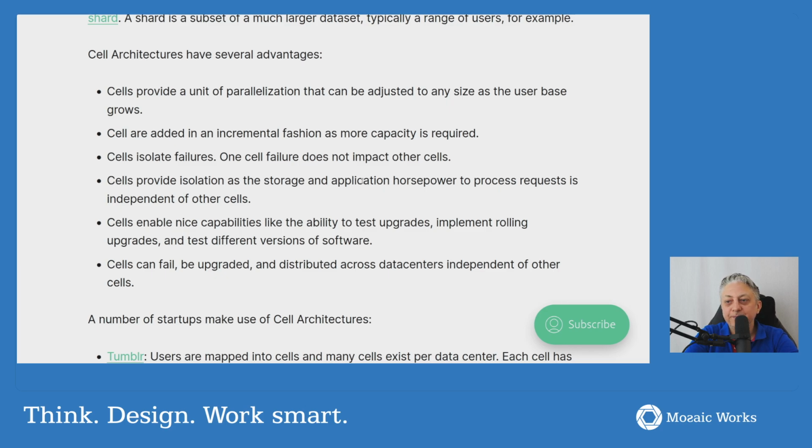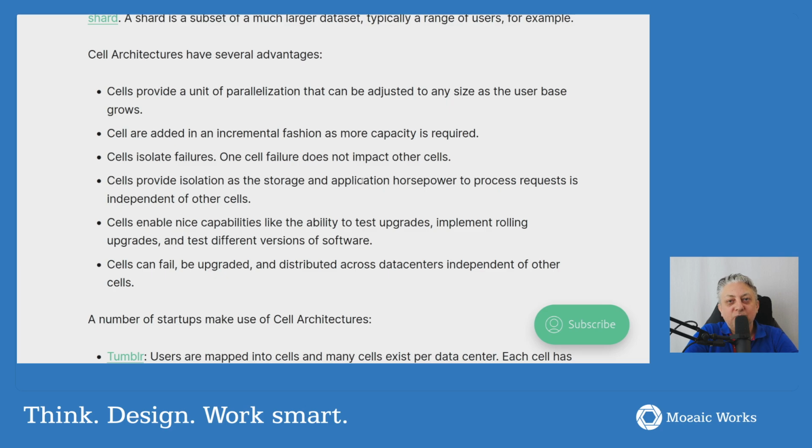Quite nice. Cells enable nice capabilities like the ability to test upgrades, implement rolling upgrades, and test different versions of software. So you can make experiments in one cell. You affect only that one and you don't affect the other ones, which means that you can try, for example, upgrading your engines to the latest version on one of these cells, and see if it works correctly.